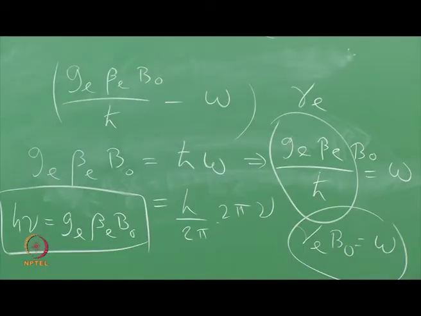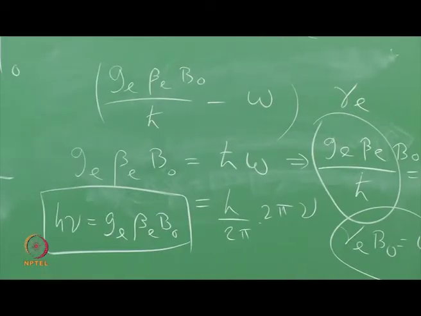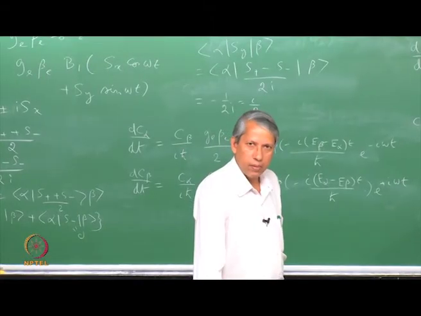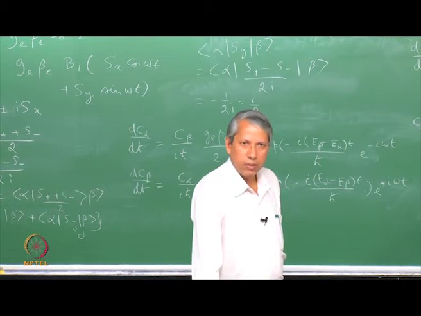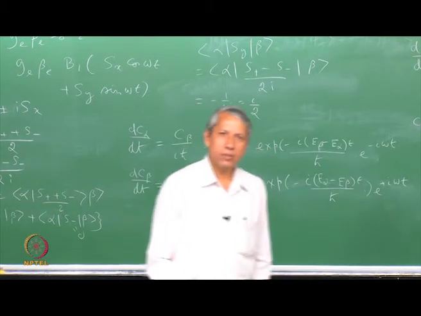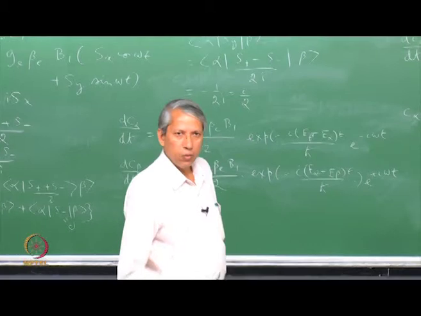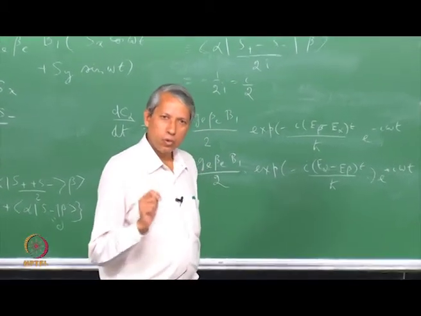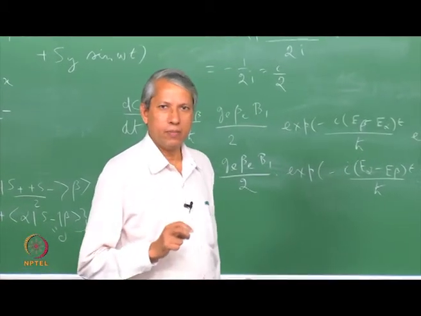So, we have recovered the conclusion that I derived from the classical description of magnetic resonance, exactly the same conclusion arrived at. But the important difference is that here we have not really brought in the concept of precession.